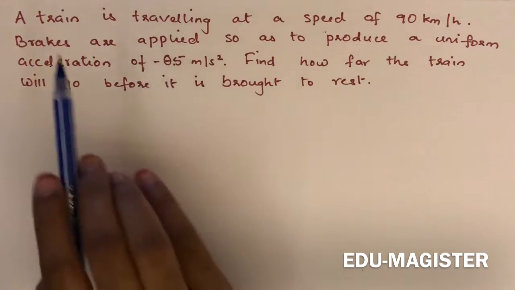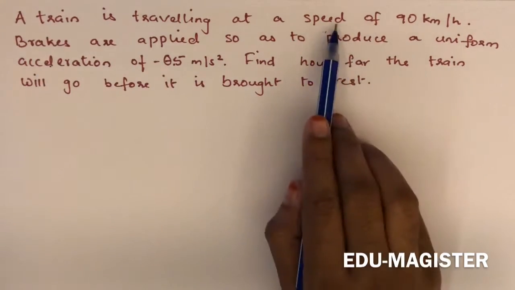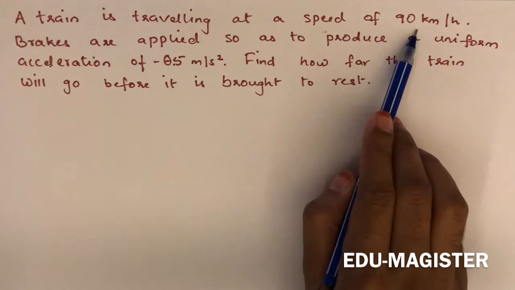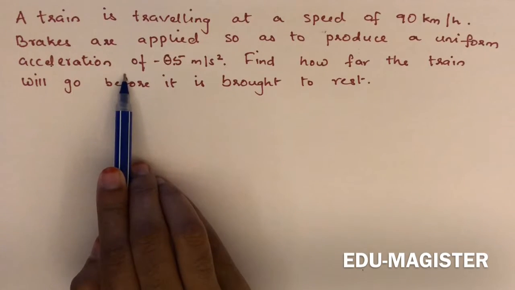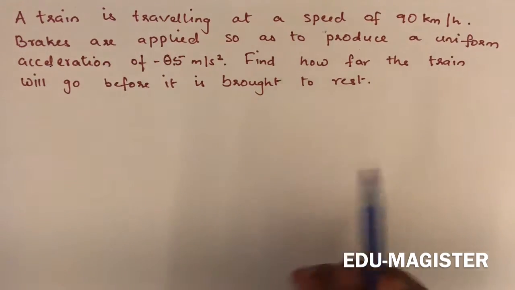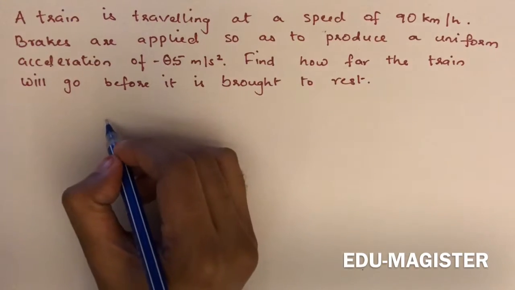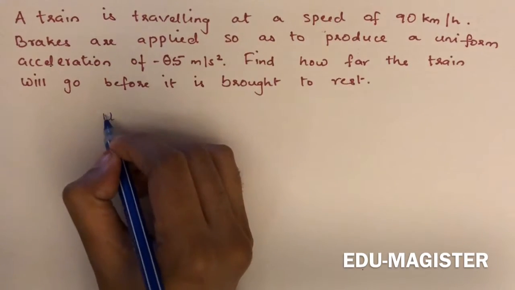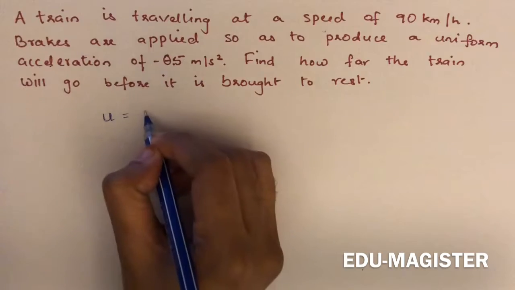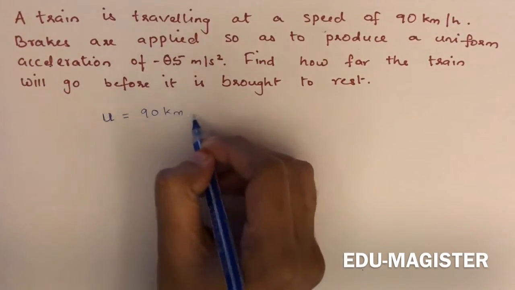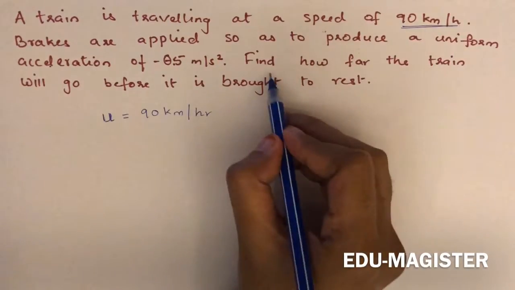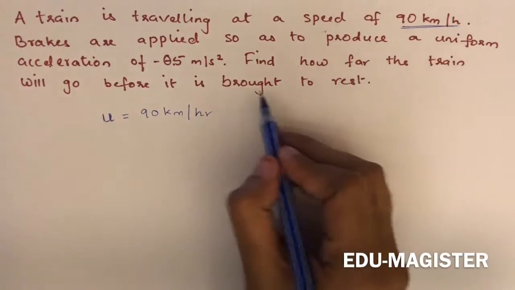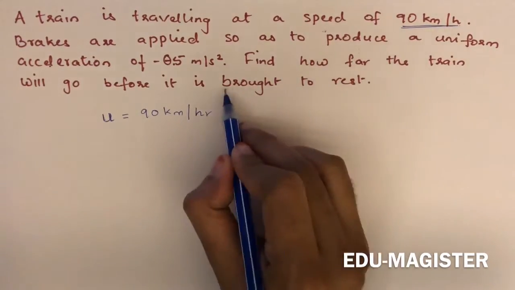Alright, so it is given that the train is initially travelling at a speed of 90 kilometers per hour, and then brakes are applied and the train is brought to rest. So from this we can get that the initial velocity is 90 kilometers per hour, and then the final velocity will be 0 because finally the train is brought to rest.